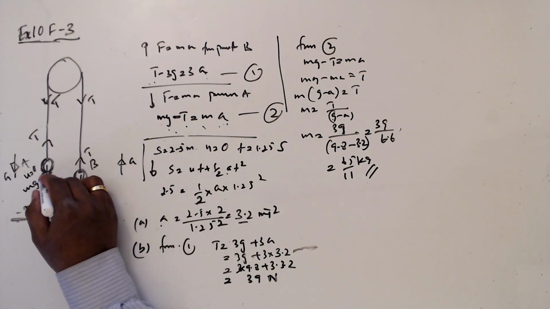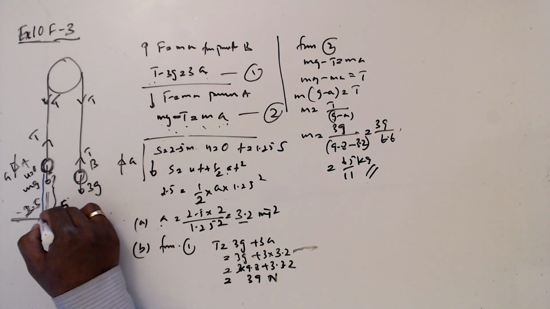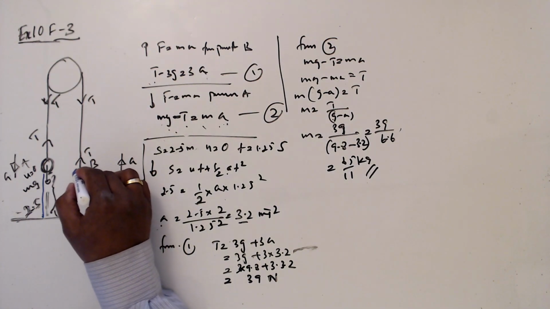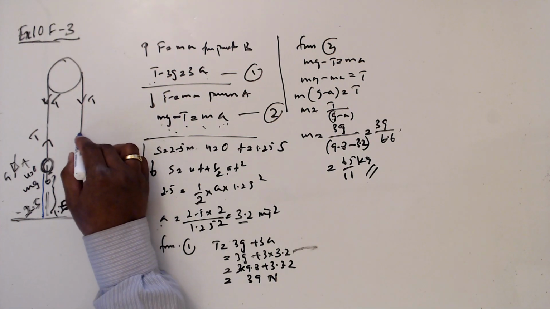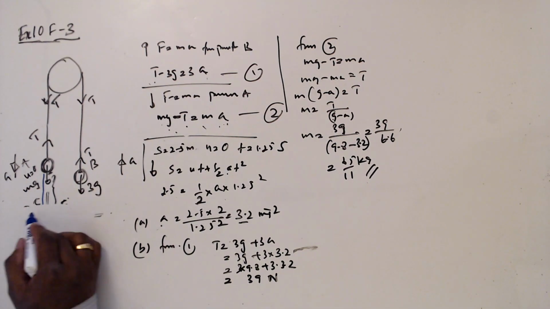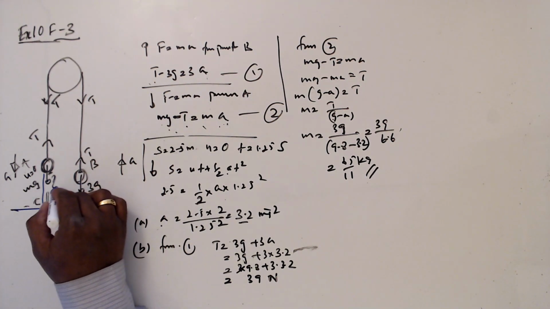So it will come and hit here. When A hits, it will go 2.5 up. So this will also go 2.5. So I will bring that length here. So this is 2.5.